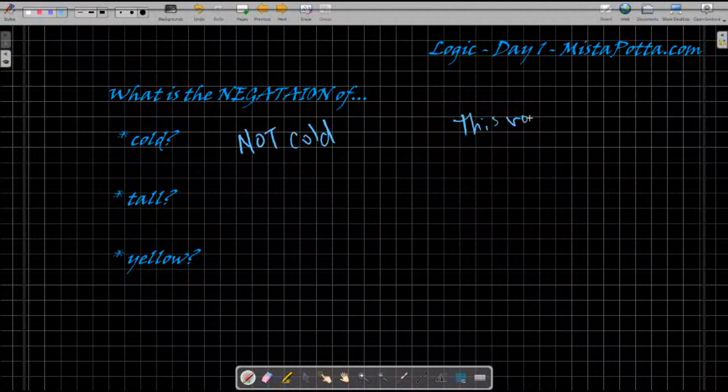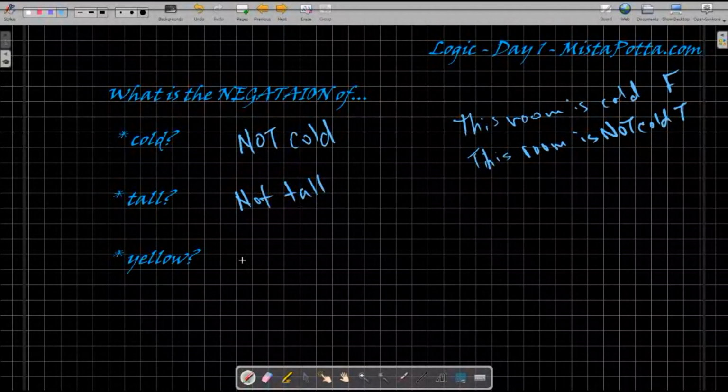Because if I just take that sentence, this room is cold, and let's say that's a false statement, as soon as I stick the word not in there, that gives it the opposite truth value. So the opposite of a word really needs to involve the word not.